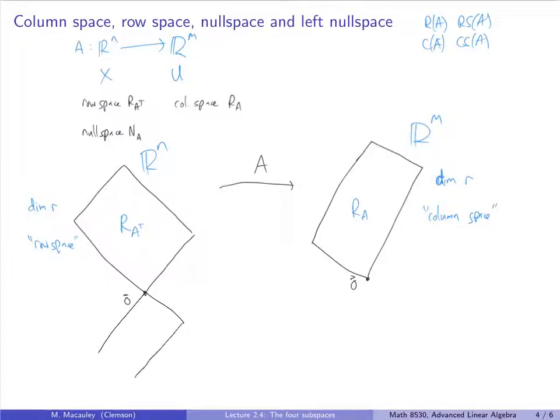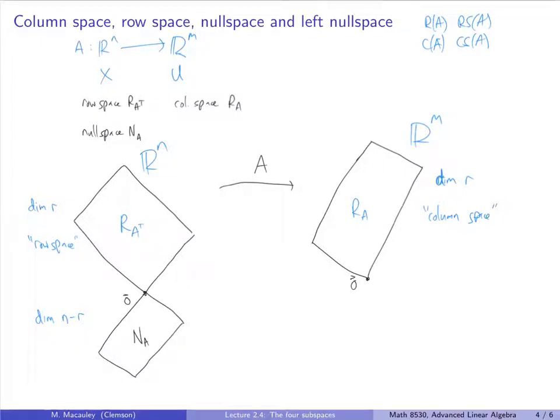Now the null space also lives in here, and I'll draw that as something like this. So this is the null space of A, and this is n minus r dimensional. Something that I don't think we've proven yet, although we will definitely do it when we talk about transpose, is that in R^n, these two things are subspace complements.